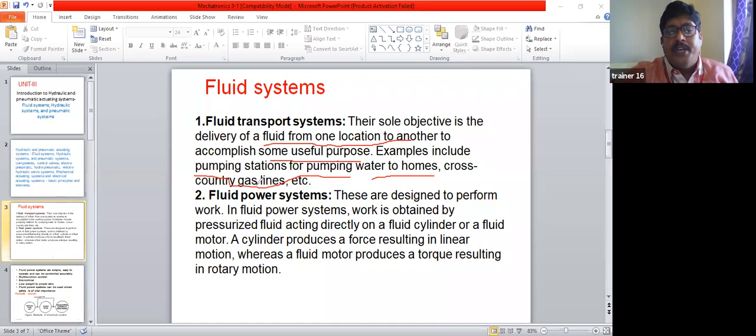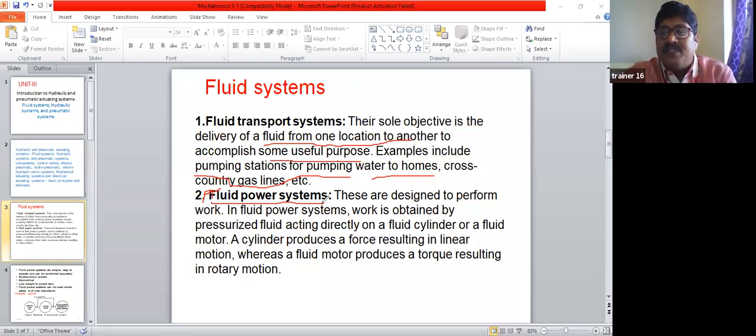We are coming to fluid power systems. Now we will discuss this one, fluid power systems. These systems transmit power, transmitting the energy from one form to another form, which is our desired form. It is clearly written that it is designed to perform useful work.